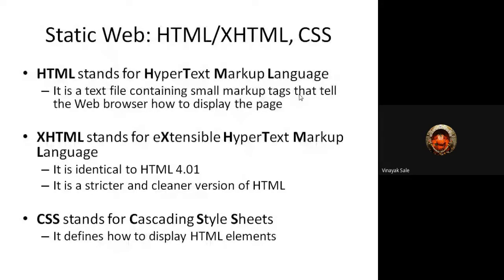XHTML stands for Extensible Hypertext Markup Language. It is identical to HTML 4.01, a stricter and cleaner version of HTML. CSS stands for Cascading Style Sheets. It identifies how to display HTML elements.